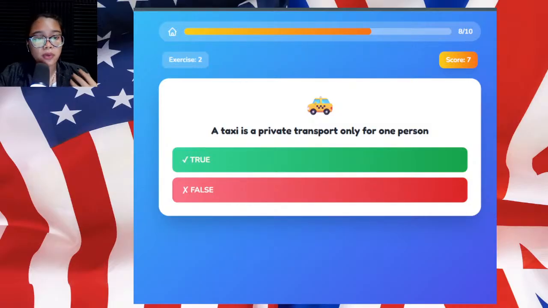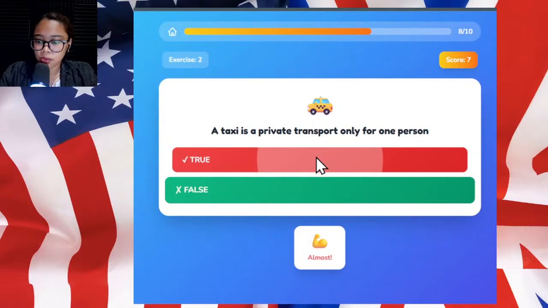Most taxis are painted bright colors like yellow or white, so they are easy to see in a busy street. So this is a convenient personal ride.